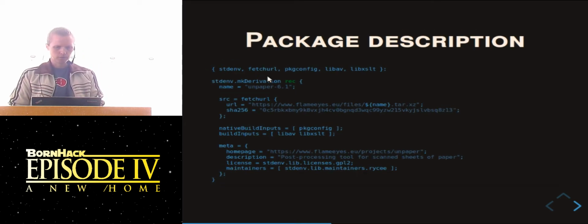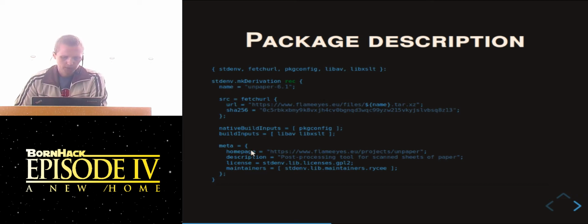It also contains an argument called fetch URL, which allows us to specify where we want this package tarball to be fetched from. And then we have three different dependencies that themselves are packages. So a package is a value inside this language. These three things are packages that are passed as an argument into this package description.